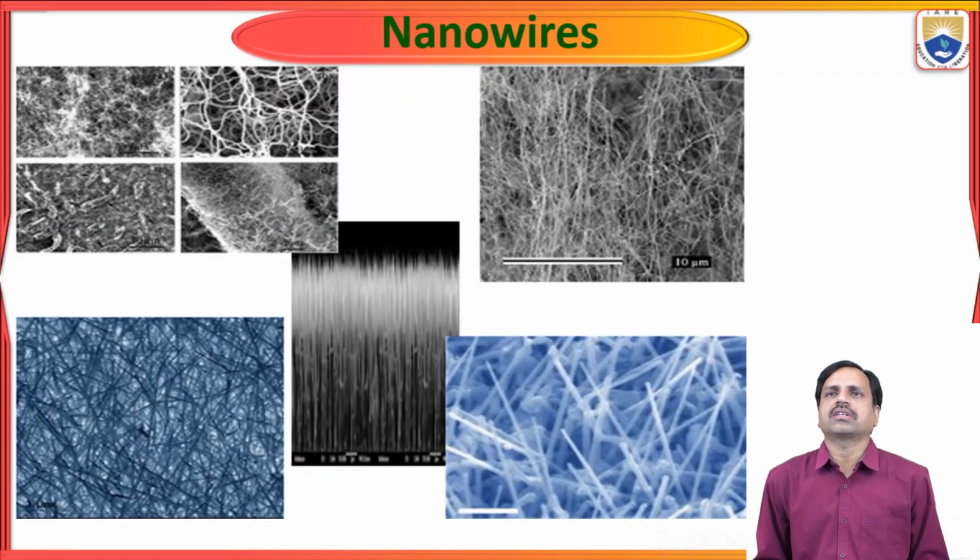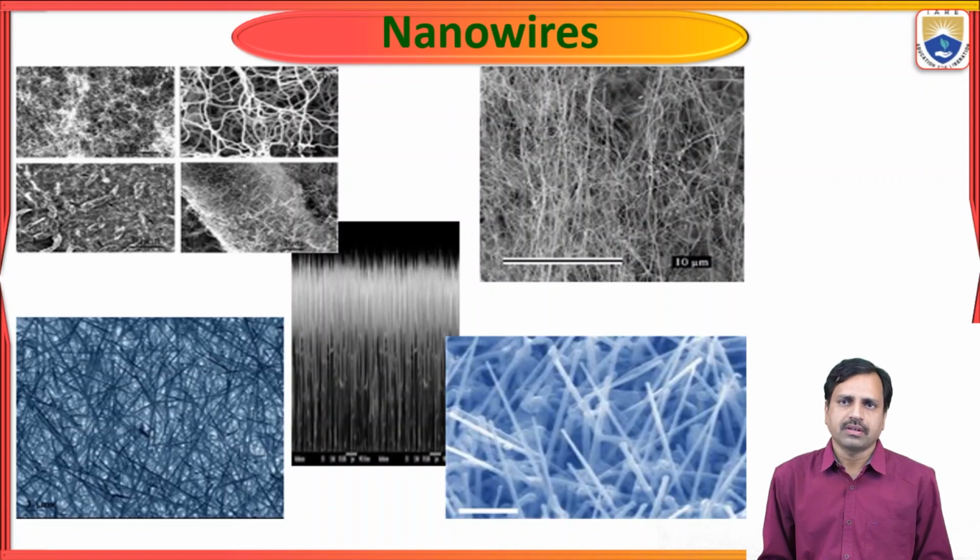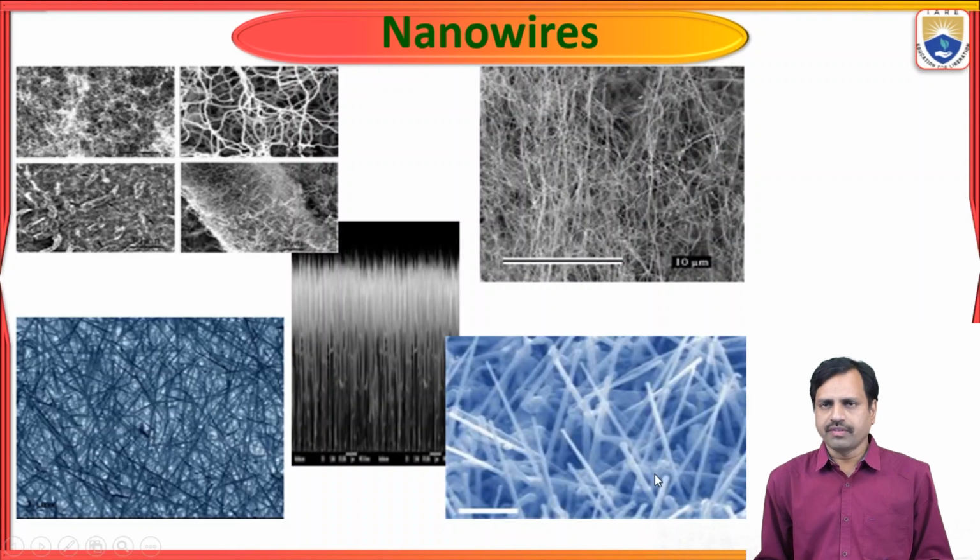Okay, these are some images of nanowires. These images are taken from SEM characterization, scanning electron microscopy. These pictures are called SEM images. So we can see here nanowires, and here are also nanowires, but different nanowires.